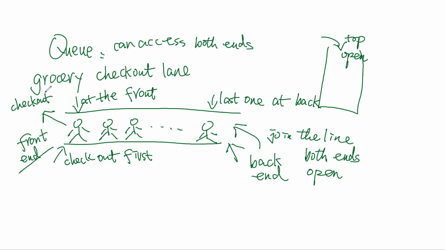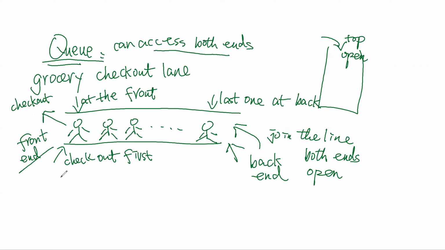Any kind of line, like the checkout lane, this kind of thing, we call it Queue. And for a Queue, you can access both ends.